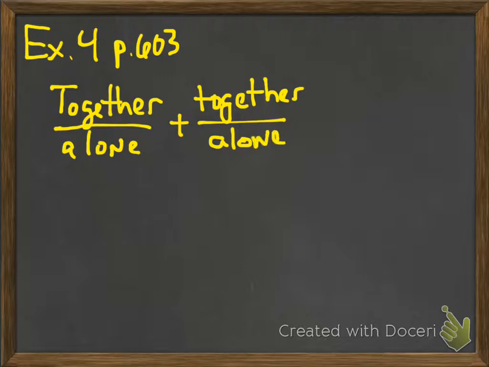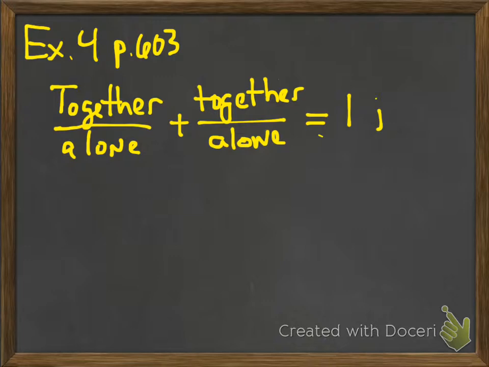The time that it takes them to do it together is up in one fraction. Time it takes one person alone is the denominator. Time it takes them together, again, is the second numerator. Time alone for the second person is the second denominator. And this will always equal 1.